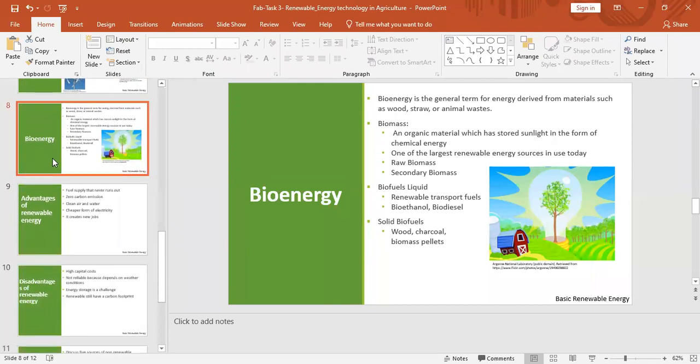Then class, what are the advantages of renewable energy? It is long lasting. Therefore, it is also in the long term.